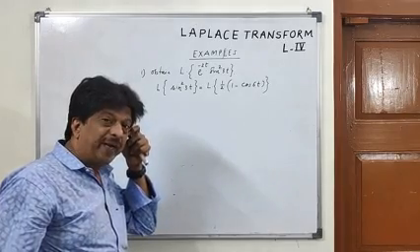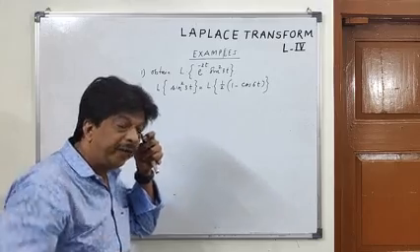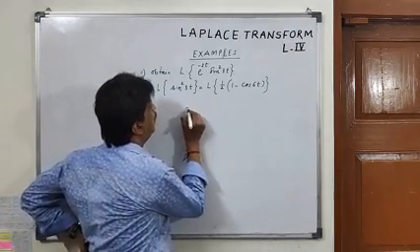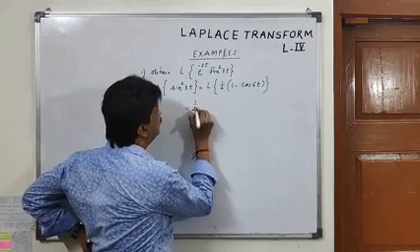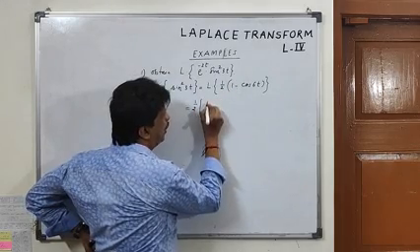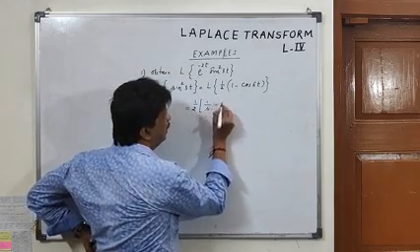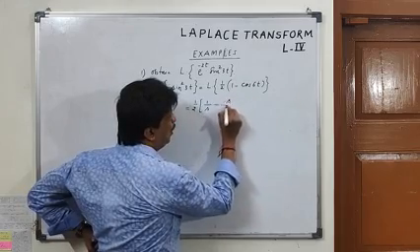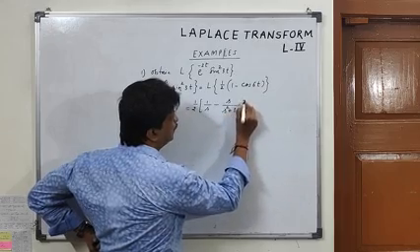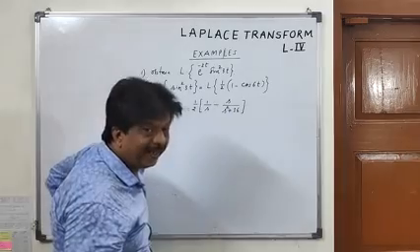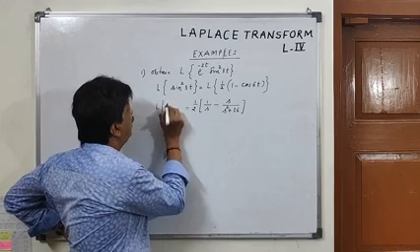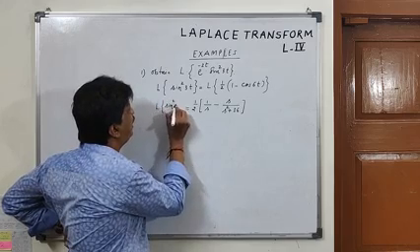The formula for sine square t is half of 1 minus cos of 2t. So using that formula, this is further equal to 1 by 2 times Laplace transform of 1, which is 1 by s, minus Laplace transform of cos of 6t, which is s upon s square plus 36. This is just the Laplace transform of sine square of 3t.